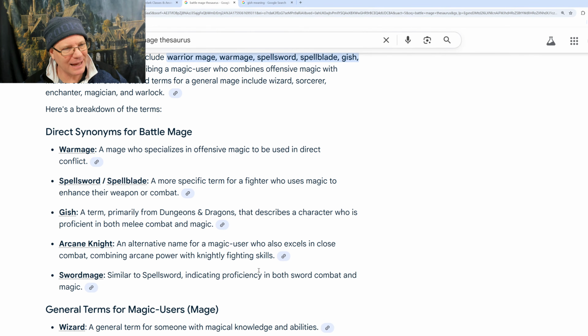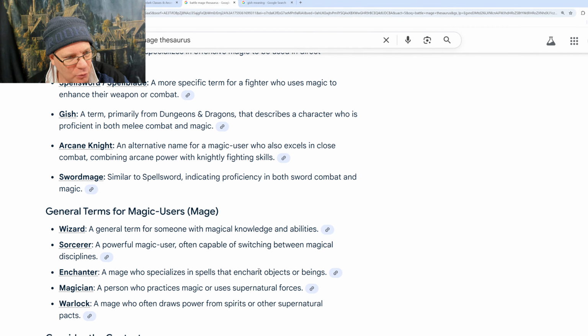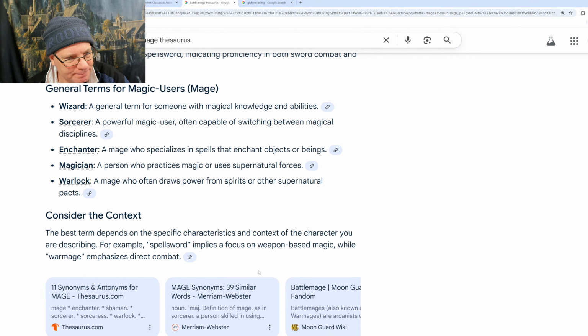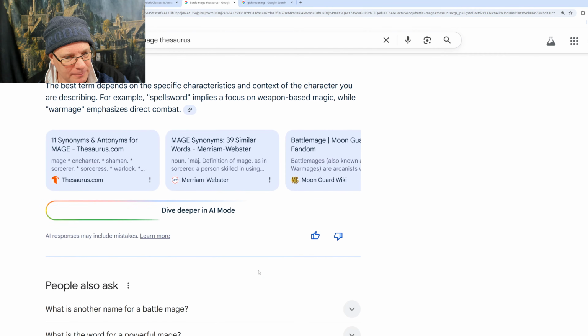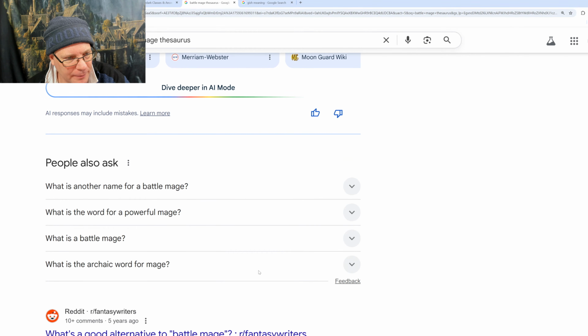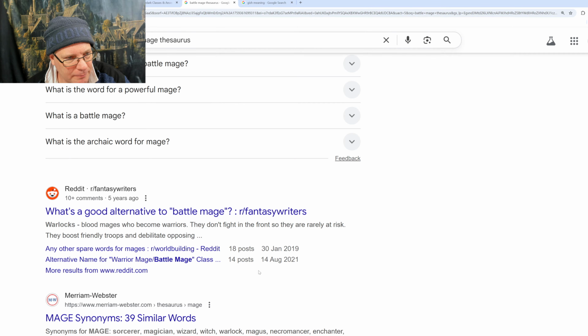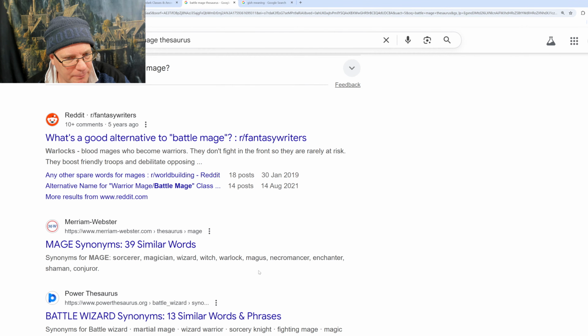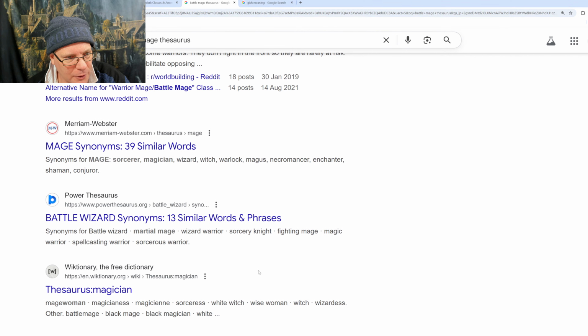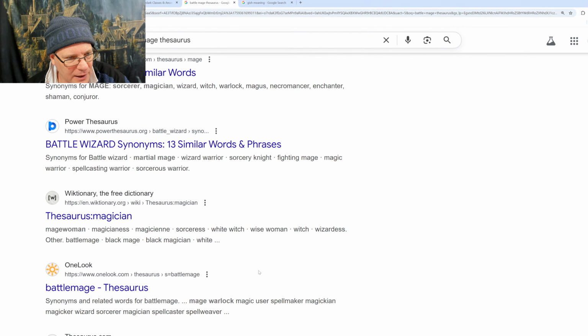Going down, Arcane Knight. I don't really want to use Arcane Knight. Try to stick to one word if we can. Martial Mage. A lot of this is not going to help us in the slightest.